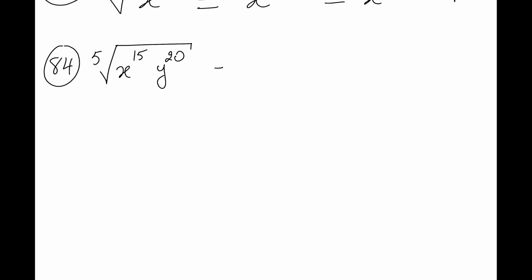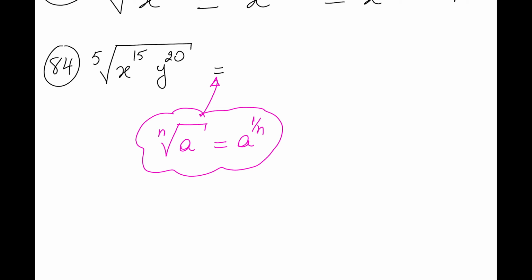Well, that's the same. This is what I'm going to use here. Let me highlight what I'm going to use. I'm going to use the following. The nth root of a is the same as a to power 1 over n, right? That's what I'm going to use here.